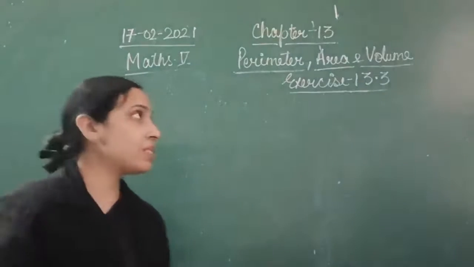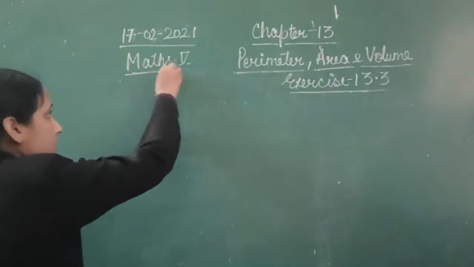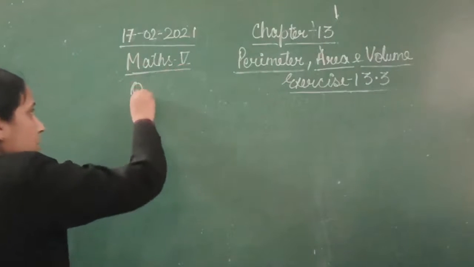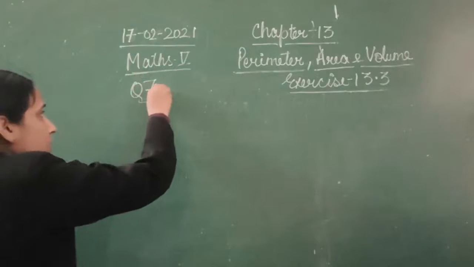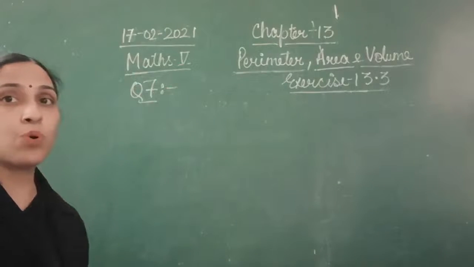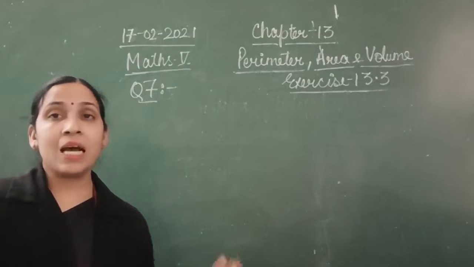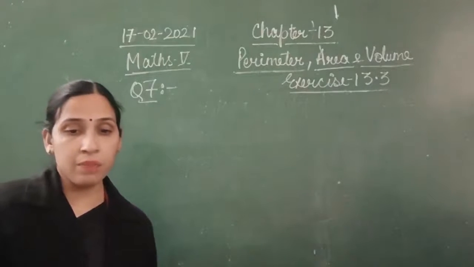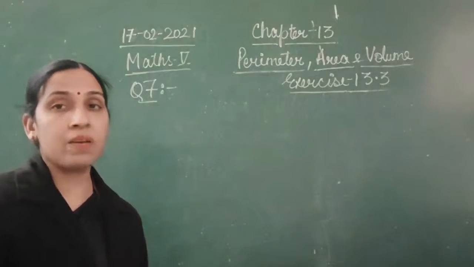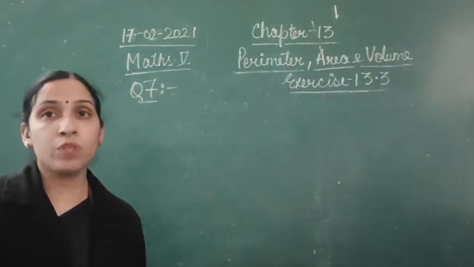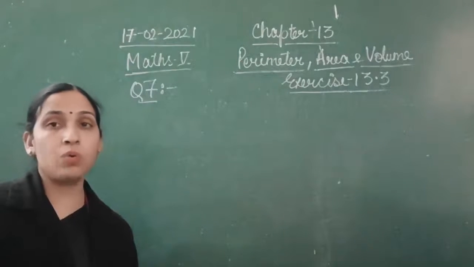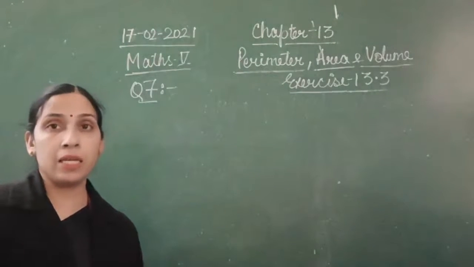In question number 7 of exercise 13.3, you have been given the side of a square, which is 75 meter. Now the side of a square is given, you have to find its perimeter and area.